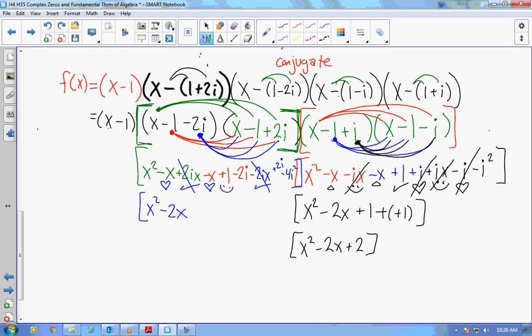Then I have a constant. Any other constants? Not yet. Plus 1. And then I have an i, negative 2i. Is there another term with an i? Yeah, and is that going to cancel? Cancel, cancel. And lastly, I'm left with negative 4i squared. Negative 4, what is i squared? Negative 1. So the i's all should be gone.